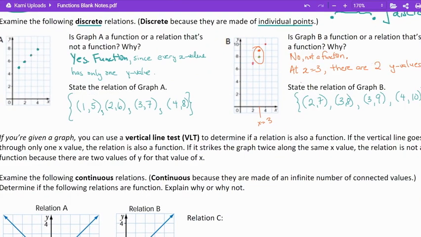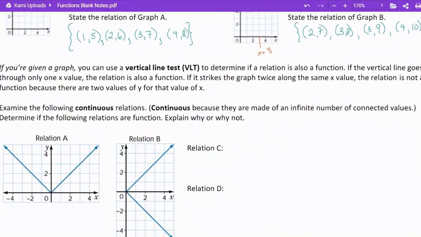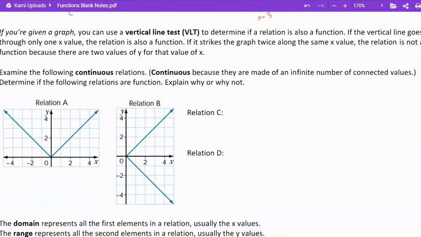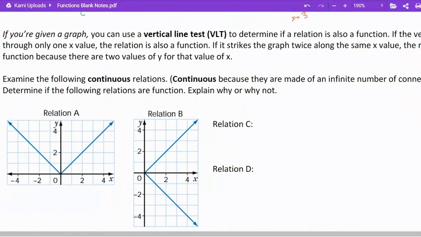Let's talk about the vertical line test. As you may recall from last year, when you're given a graph, you are able to use the vertical line test to determine if a relation is also a function. Okay, so we use this to check, is this relation also a function? How do we do that?